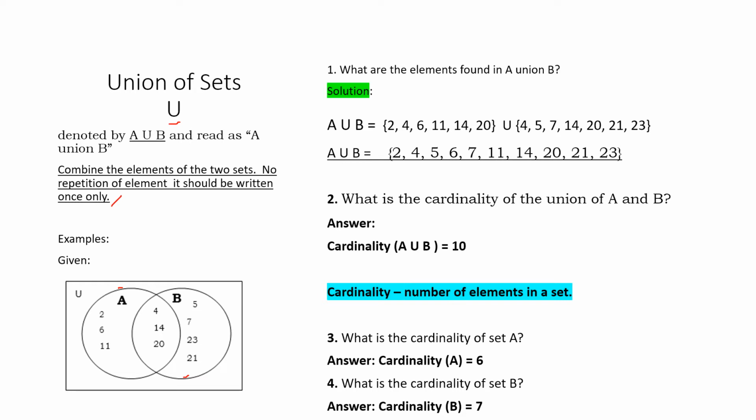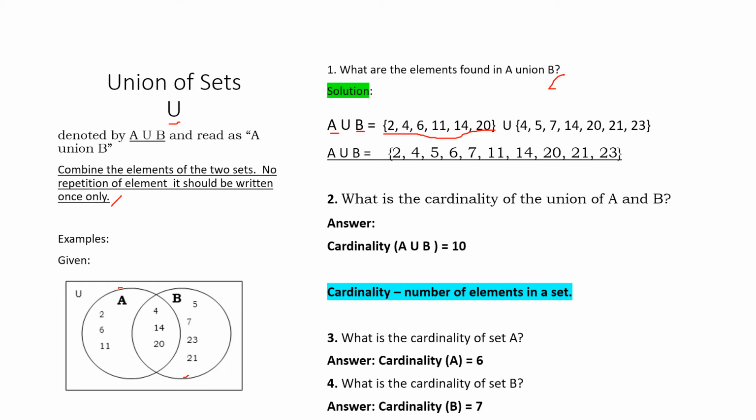Okay, let's proceed to question number 1. What are the elements found in A union B? This one. So, solution. If you're going to write the solution, we have A union B. First, as you notice, I listed down, I copied all the elements of A here, inside the circle.